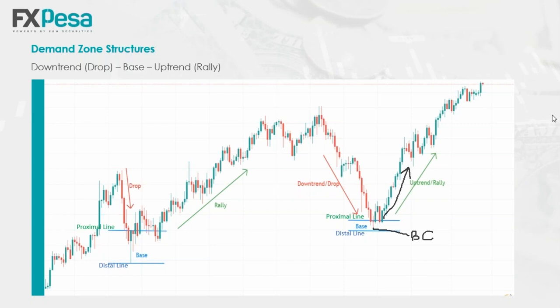So in this particular case, we would base our proximal line on the highest level of the body of this particular candlestick. So this is our basing candlestick. So if we had more than one basing candlestick, then we would basically check on the candlestick that has the highest level. But since we have only one basing candlestick, then we would base our proximal line along the highest level of the body of our basing candlestick.